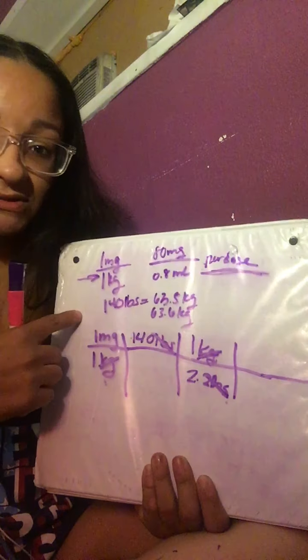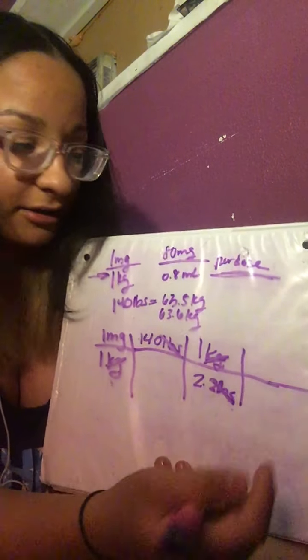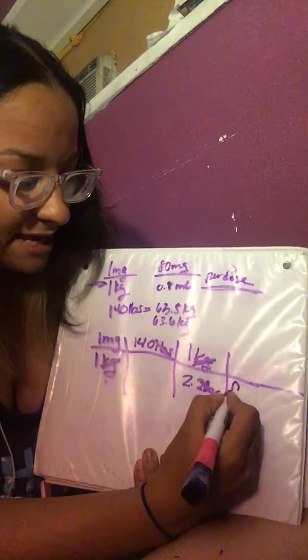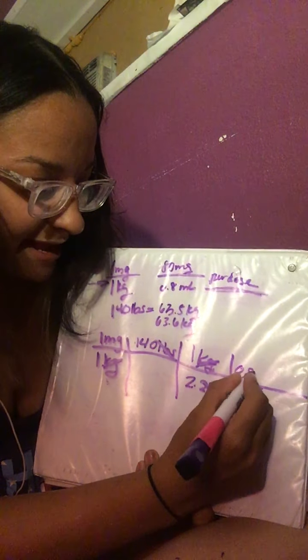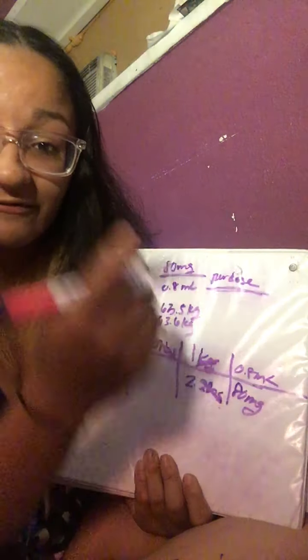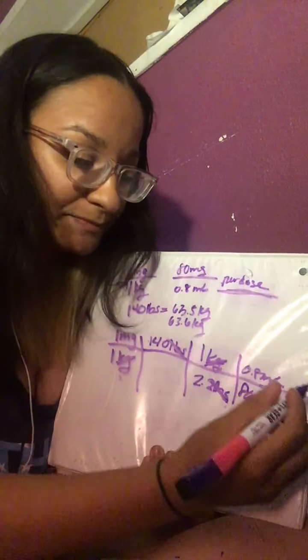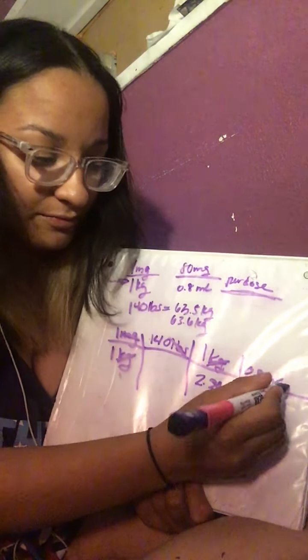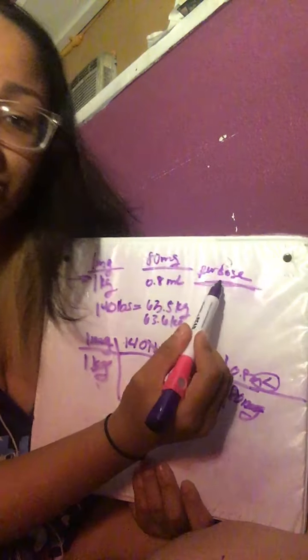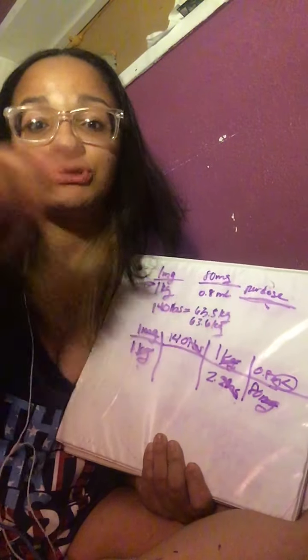Milligrams is on top, so we want it on the bottom over here. So 80 milligrams per 0.8 milliliters. Sorry, I'm trying to go fast. I've had phone issues all day. So the milligrams cancel, and you're left with milliliters per dose, which is what we want. We're administering a dose to the patient.